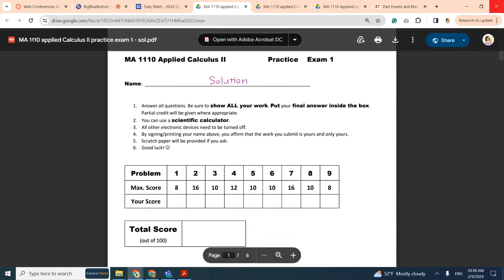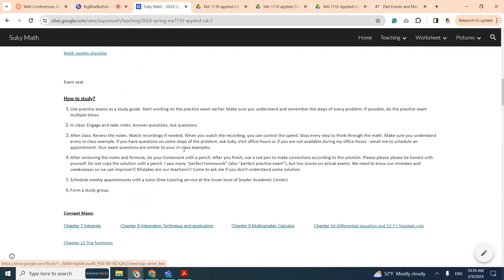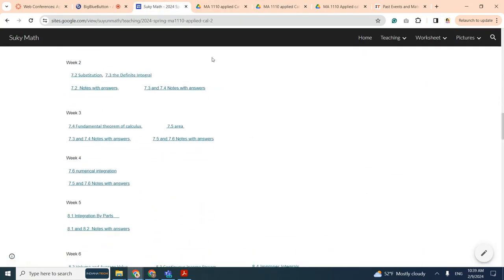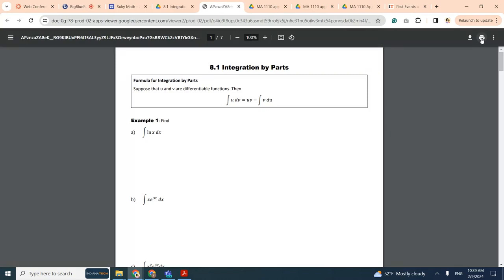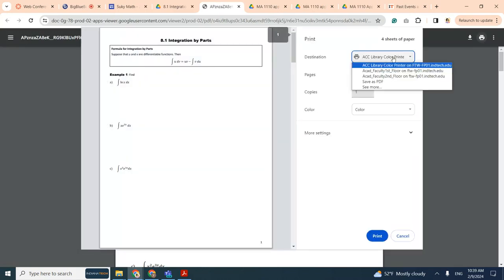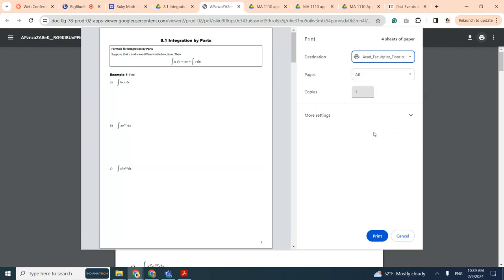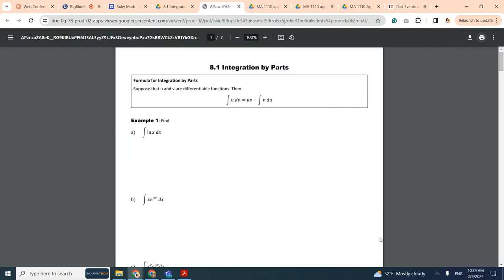How many of you need 8.1? Raise your hand. Just one? Okay. 8.1, integration by parts. Let me grab it real quick.